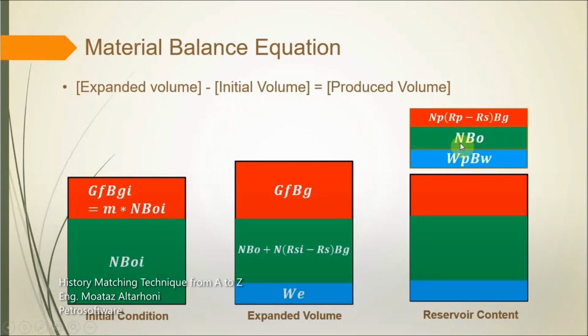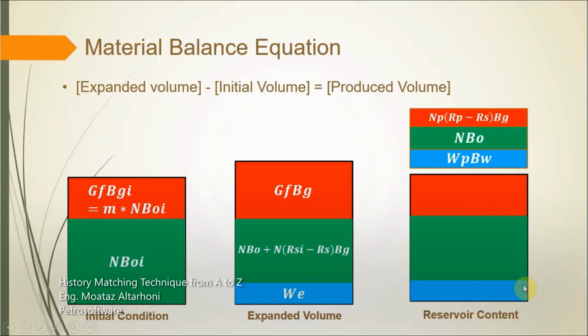So if we produce a huge volume, for example, let's say the total volume is 100,000 barrels of total fluids. If this number 100 entered into the reservoir from our aquifer, the pressure will not decrease, because we assume here the reservoir volume is constant.